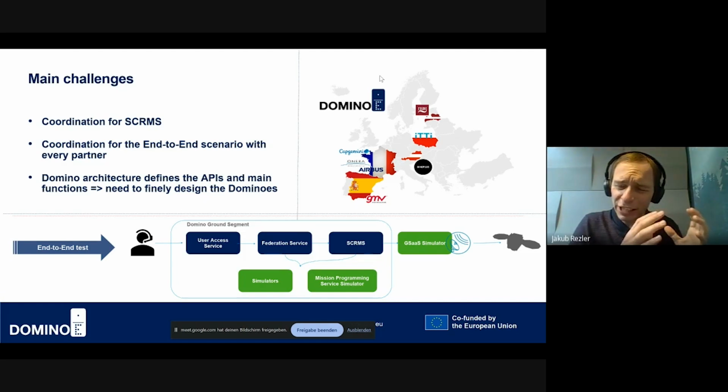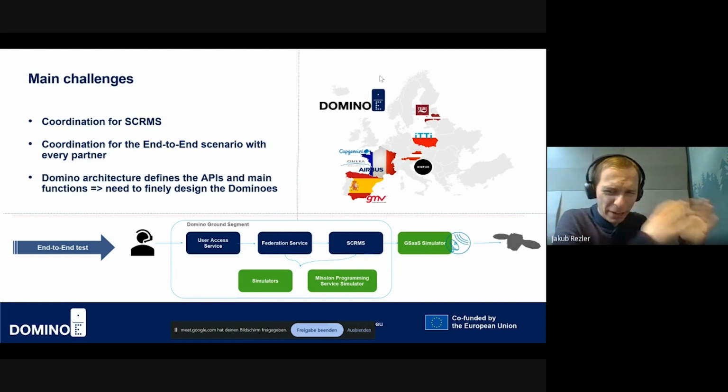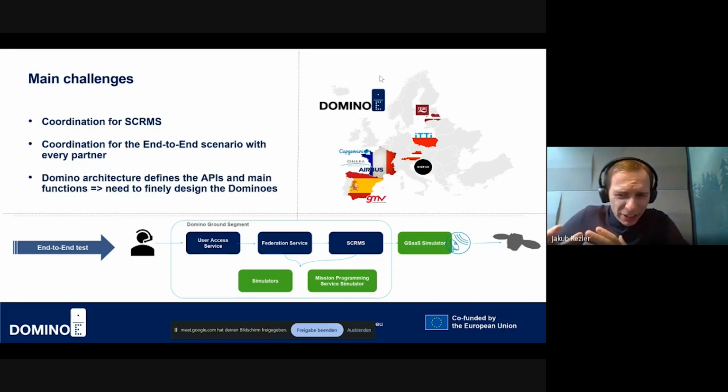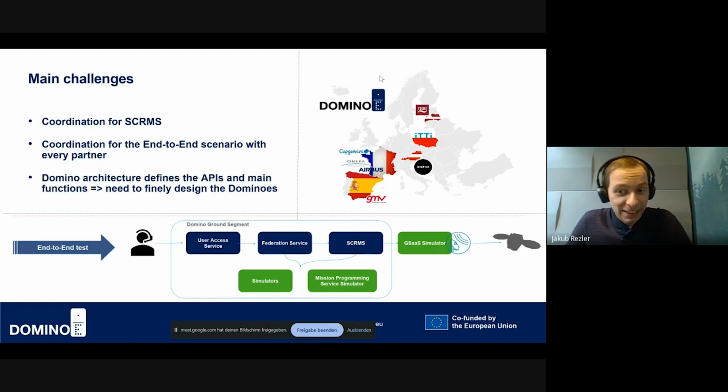There's the standalone scenario, with the SCRMS itself and the simulators, and there's the end-to-end scenario, that is SCRMS, all the other modules that are actually made by other teams, or their simulators, and we are all supposed to work together. At this point, it's an additional layer of communication and complication, making sure that all the companies here can work together, that they are again on the same page.